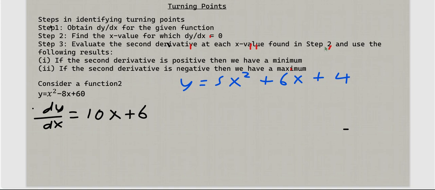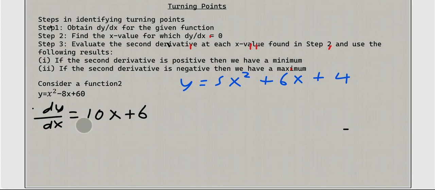So now let's get the second derivative for us to know whether this curve is a maxima or a minima. Before doing that, we need to get the value of x, the value of x where the gradient is 0. So you're going to equate this to 0. You'll have 10x plus 6 equals 0.